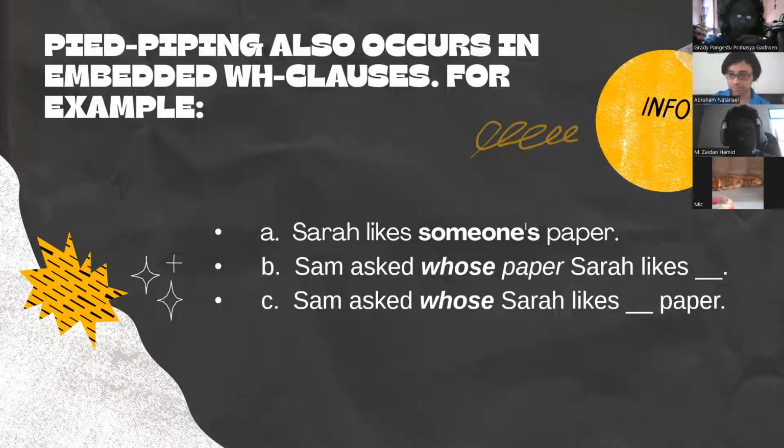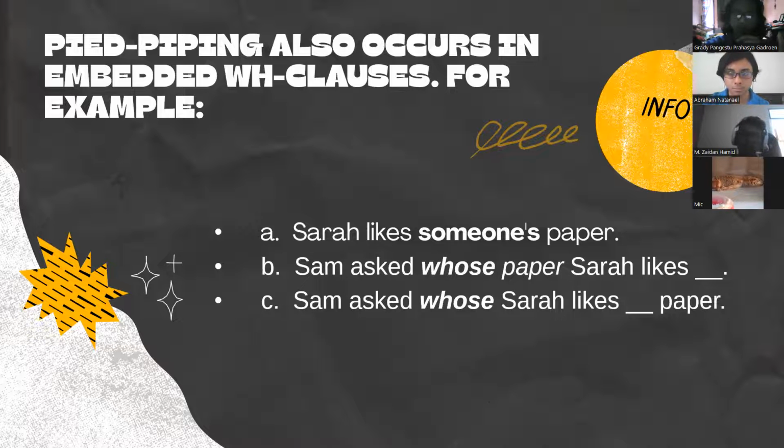In the first sentence, which is the same as whose paper Sarah likes, the WH word, whose, is pipe-piping the noun phrase paper. Unlike the other sentence in which whose doesn't pipe the word paper, which makes it ungrammatical.